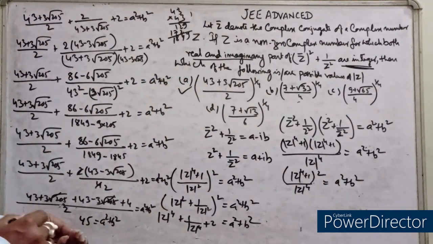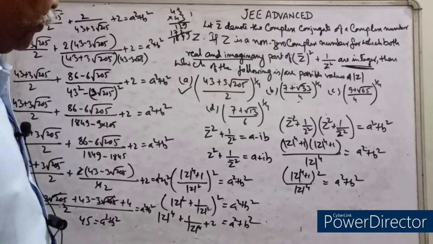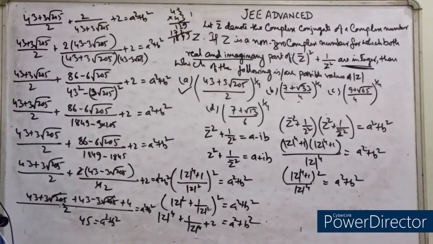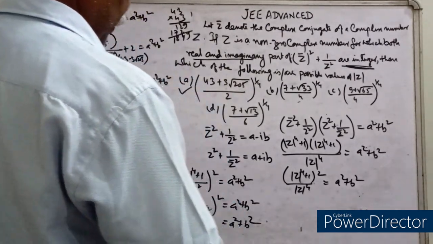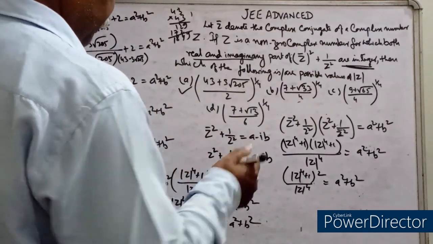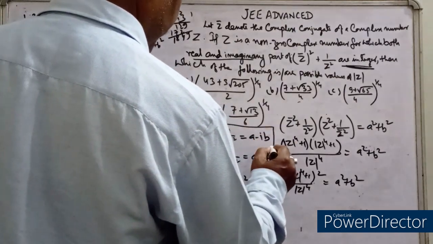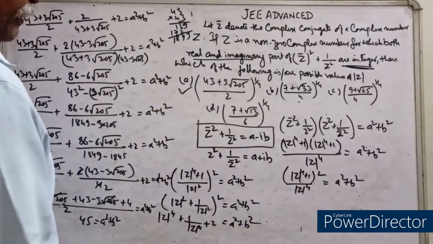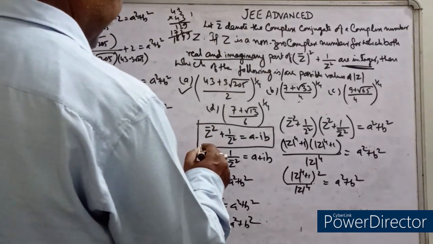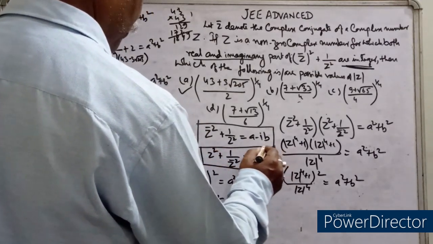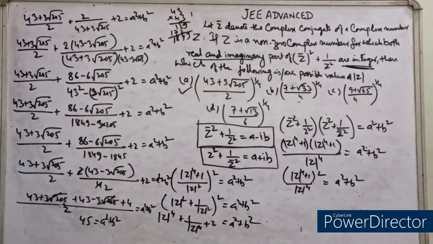This question was really a tough question for me because it took hard work to come to a conclusion. I am again repeating it, such a conclusion: z bar the whole square plus 1 by z square, you can treat as a minus ib, and z square plus z bar the whole square you can treat as a plus ib.